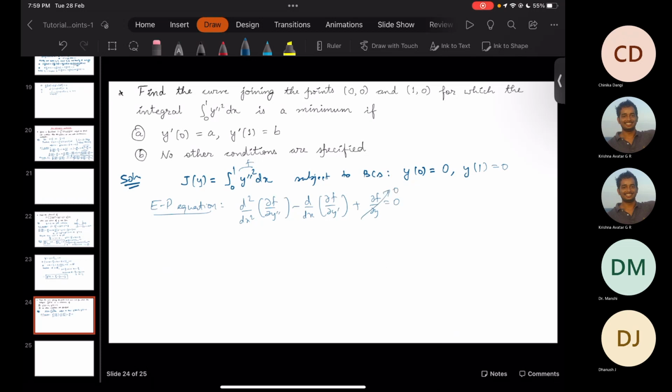So this term is 0, this term is also 0. So all we are left with is d squared by dx squared of, this is nothing but 2y double prime, equal to 0. So we are left with the fourth derivative of y with respect to x is equal to 0. Fine. Let's integrate it sequentially. Integrating.